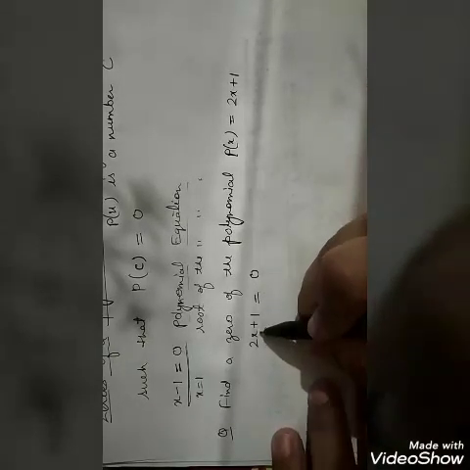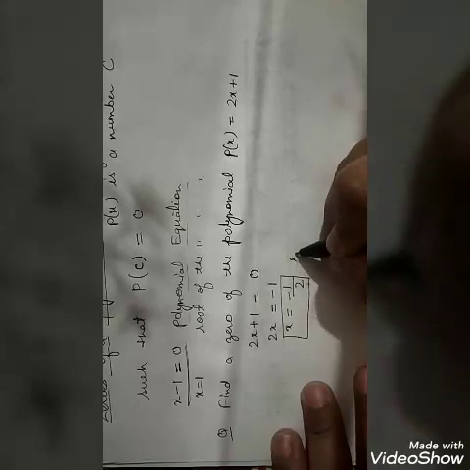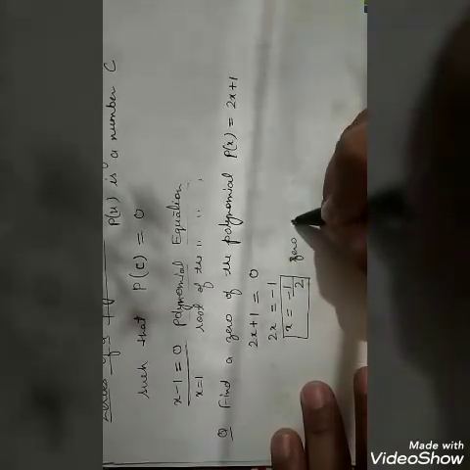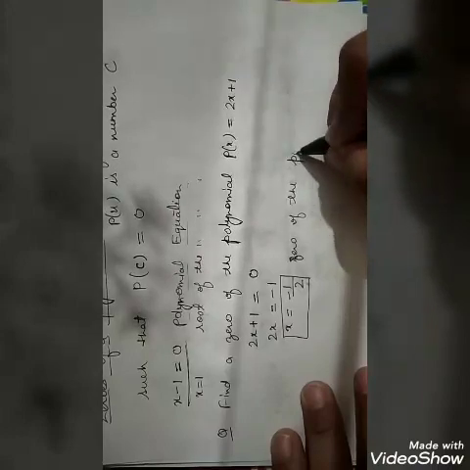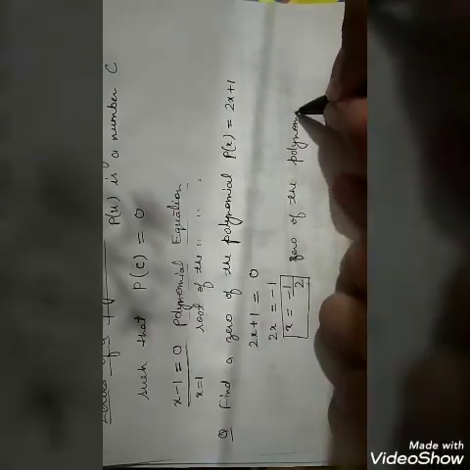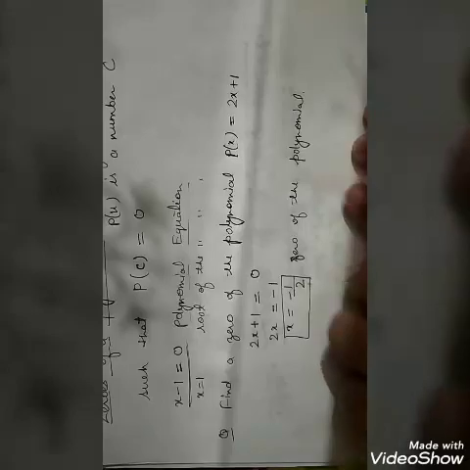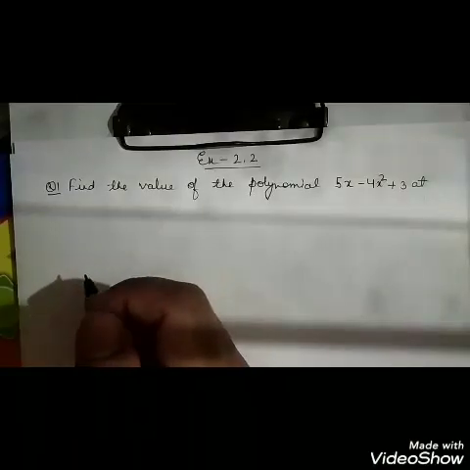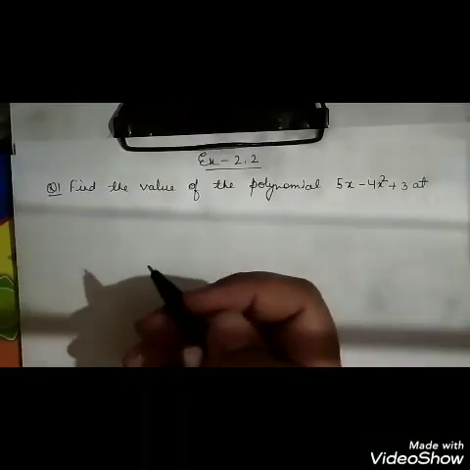Now we will solve it for x. 2x = -1 and x = -1/2. So -1/2 is the 0 of the polynomial. Let us take some questions from exercise 2.2.